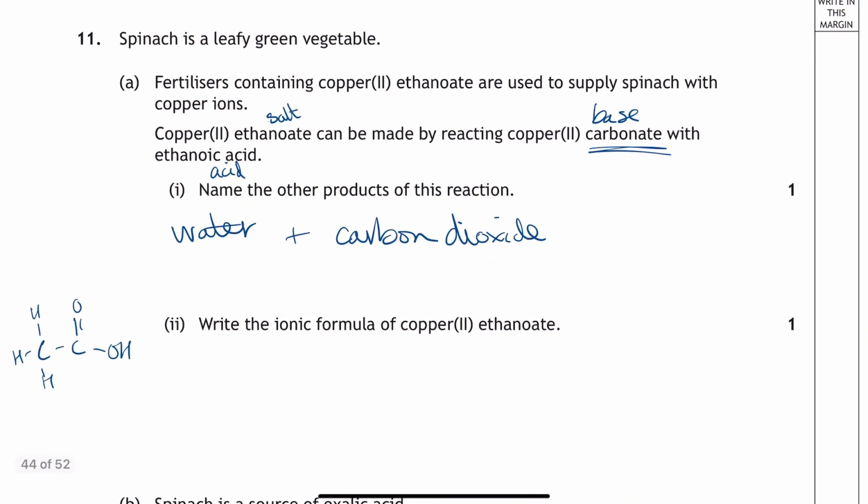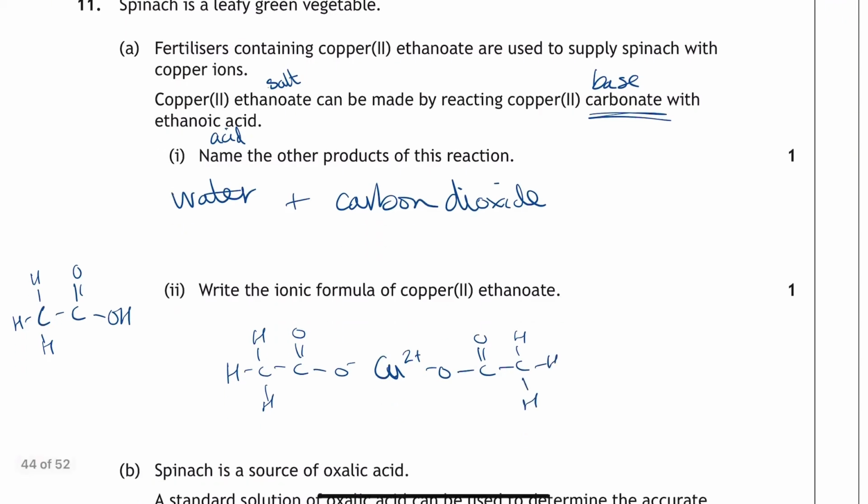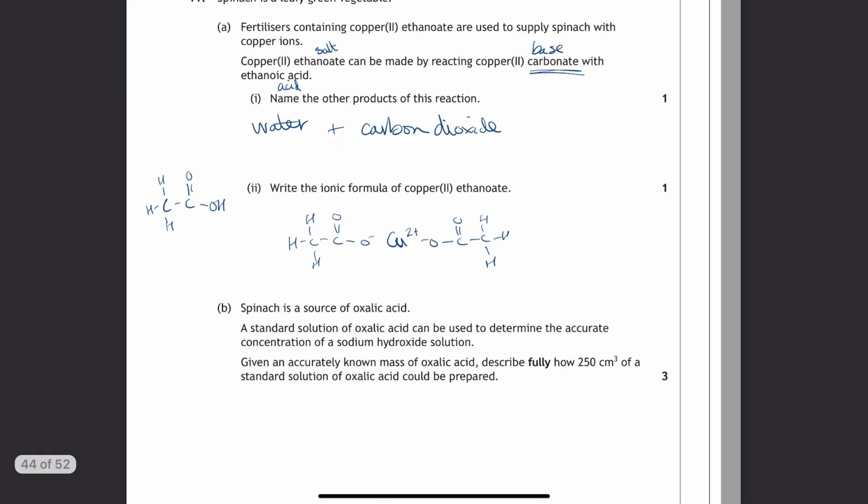So if we redraw the ethanoate, so that's the ethanoate there, we've got copper, but this is copper 2, which means we're going to need to have another ethanoate ion on the other side. So if we do that one, that's what it would look like. Again, that's a pretty tricky question, to be honest.